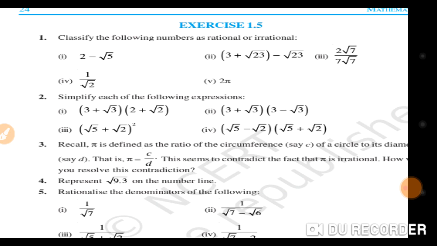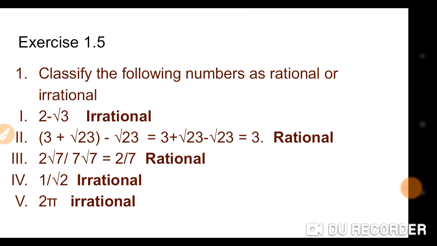I just told you, when we operate a rational with an irrational, we always get an irrational number. So here 2 minus root 3 is an irrational number. In the next part, 3 plus root 23 minus root 23.